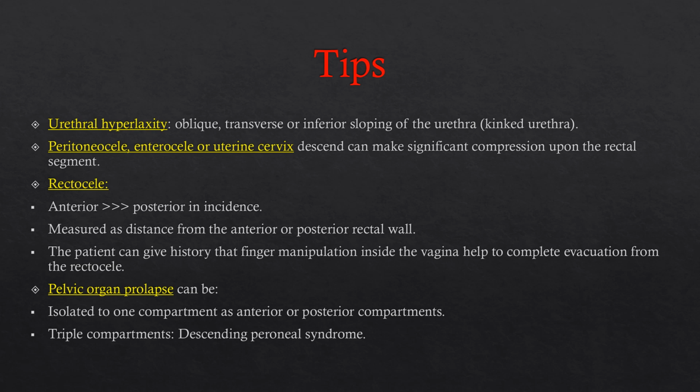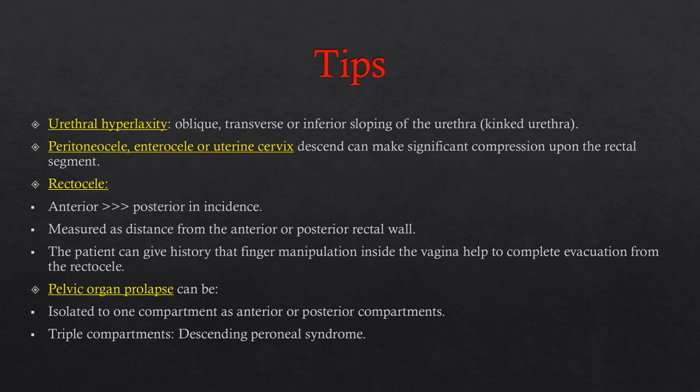Peritoneocele, enterocele, or uterine cervix descent can cause significant compression upon the rectal segment. Sometimes, if we have a marked enterocele or uterine cervix descent, the descent of the uterus compresses the rectum posteriorly and causes more retention of the gel inside the rectum during defecation.